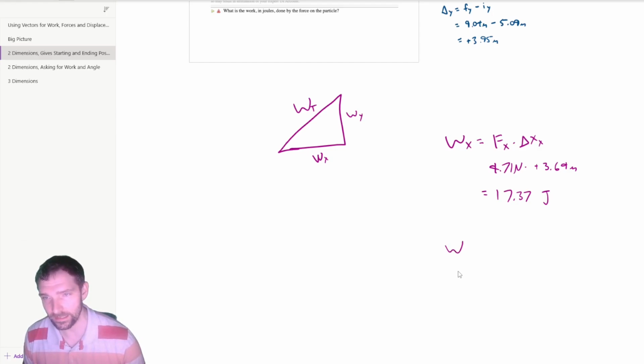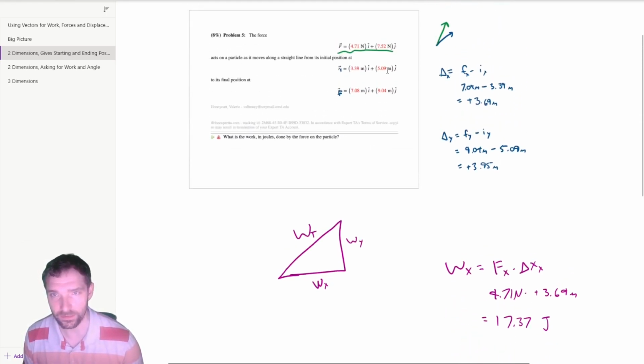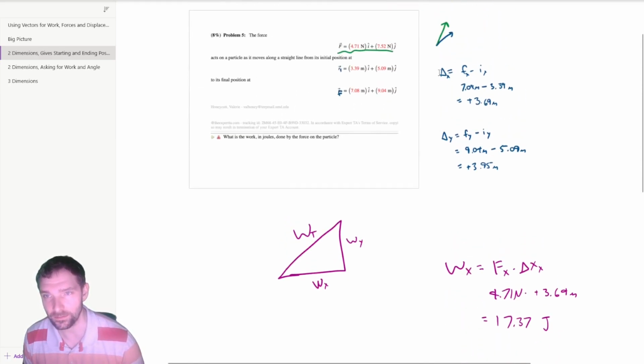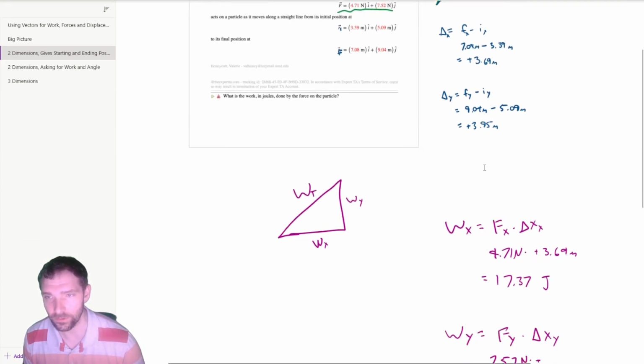So we've got the x-axis, and now we need to do the same thing for the y. And I do like to give myself these labels just to make sure I'm getting the right numbers in the right spot. So I've got that 7.52 for the newtons, and then we are timesing that by a positive displacement of the y, that was 3.95.